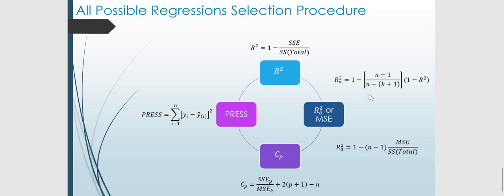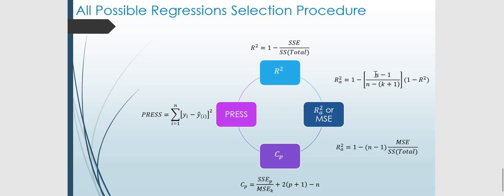The interpretation of R adjusted is just the same as the R squared, but this measurement, the adjusted R squared, is much more reliable compared to the R squared, and that's why in a multiple regression model we prefer to use the adjusted R squared rather than the R squared.